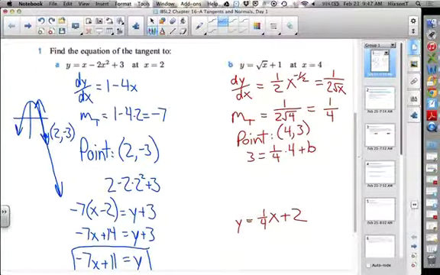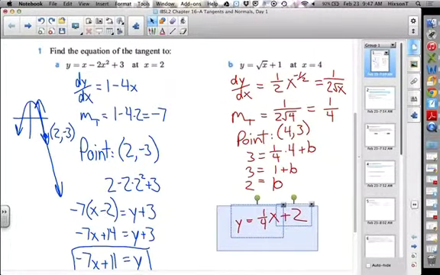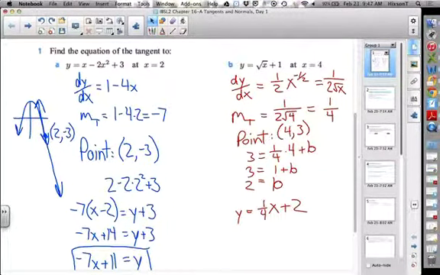Okay. So 1/4 of 4 is 1. So obviously then b would equal 2. And then I just put my m and b in. Okay? It may have been a while since you guys did equations of lines, so that's alright.